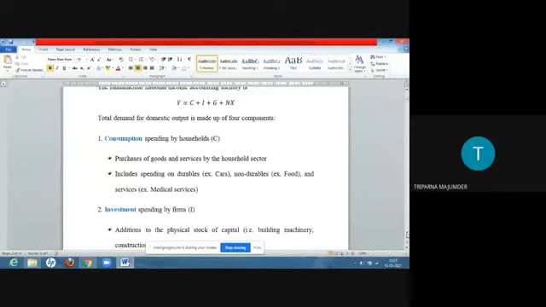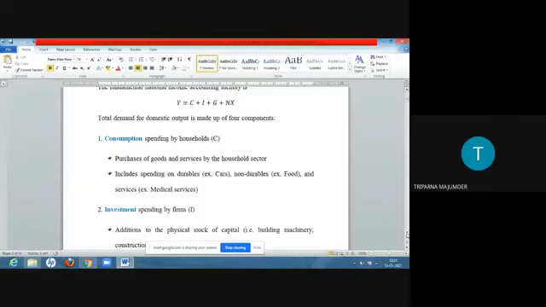And also services like medical services, banking services, the services of teachers, lawyers, etc. So we find that consumption includes purchases of goods and services made by the household sector.